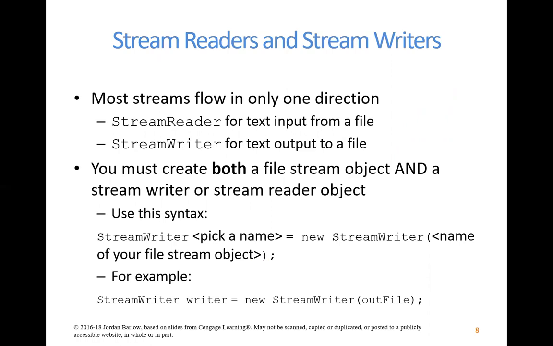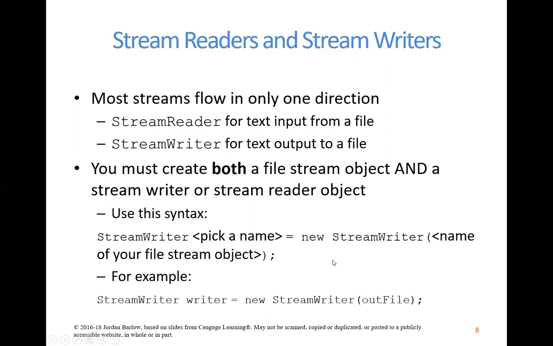So the syntax for the StreamReader or StreamWriter object is like this. You write the word StreamWriter, or StreamReader if you're reading, and then you pick a name, and then again, just like when we create an array, use the new keyword, and then again StreamWriter, and this time in the parentheses, you just include the name of the FileStream object.